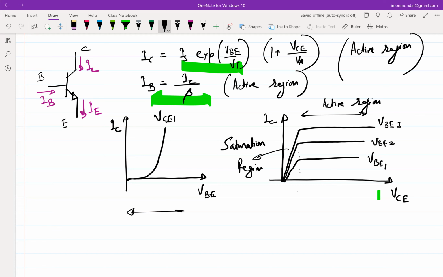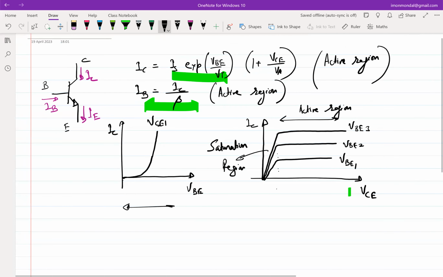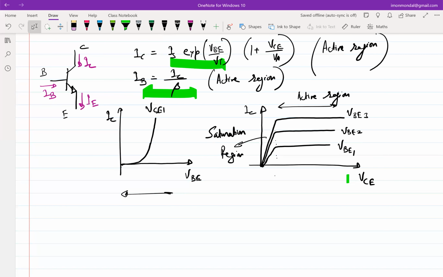Okay, so a very crude structure of a BJT, without going into the details of how it is made, is the following. If you take two diodes and connect them like this and control this terminal, these diodes have to be made in a certain way.